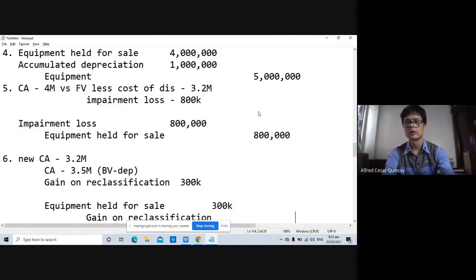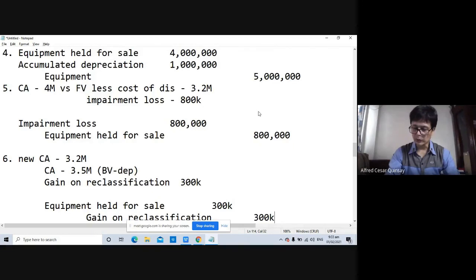Okay? So, magkano yun? This is for 300,000. Yeah. Okay? So, may question ba so far? So, on December 31, 2022, equipment is measured at 3.5 because this is lower than the fair value less cost of disposal na 3.6. Ayun yung ginawa nating, 'di ba?